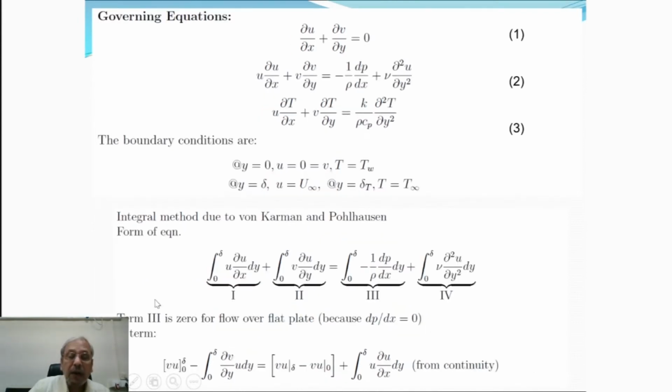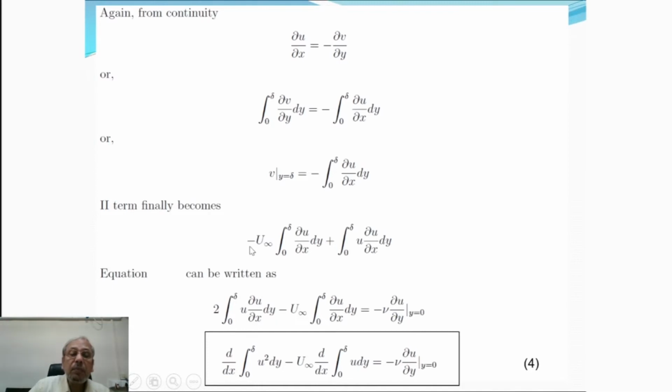So this term, and then we had this term, so we can write minus u infinity integration of ∂u/∂x dy between 0 and delta plus integration of u ∂u/∂x dy between 0 and delta.